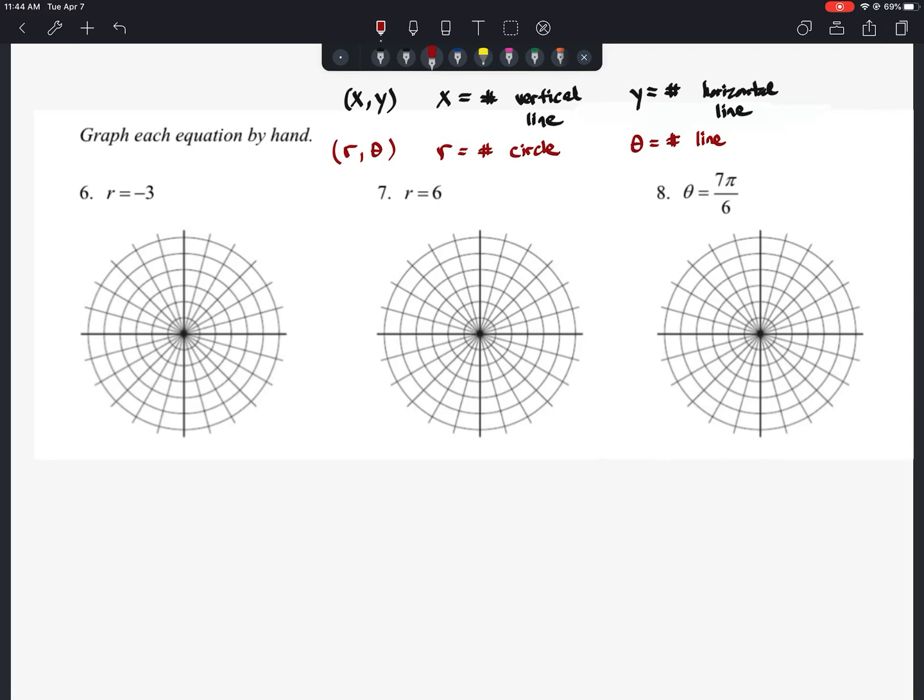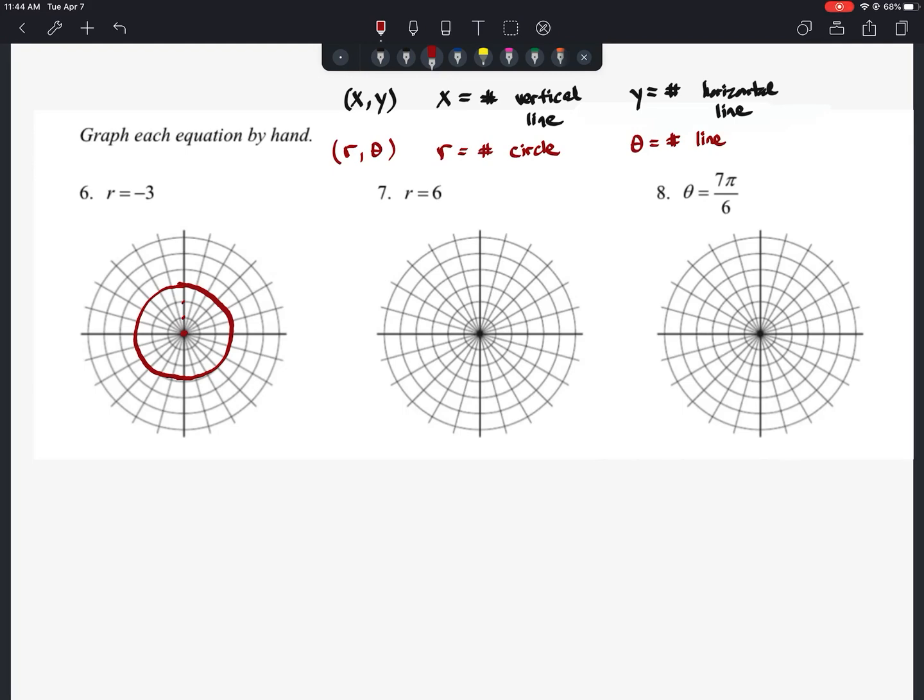So it doesn't really matter what angle you start at. We're just going to count out. This is 0, that'd be 1, that'd be 2, that would be 3. Now, if we drew our circle in, we're just going to follow that circle that's already there for us, kind of like our guide. Not the roundest circle I've ever drawn, but it'll work.